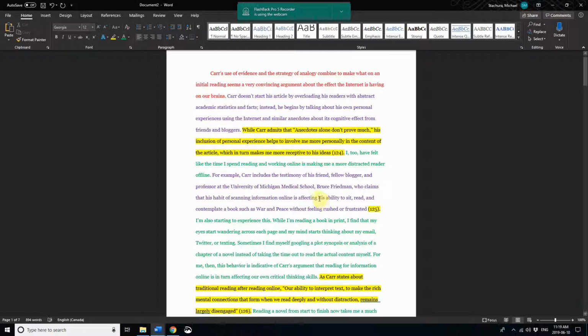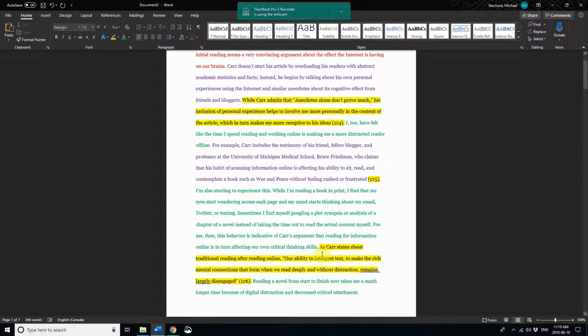I urge you to read closely the sample paper, and you can see how I've structured things and laid things out, and how I've structured my paragraphs. But your paragraphs need to be made of topic sentences, summary, direct quotation, and analysis of those points. All right.